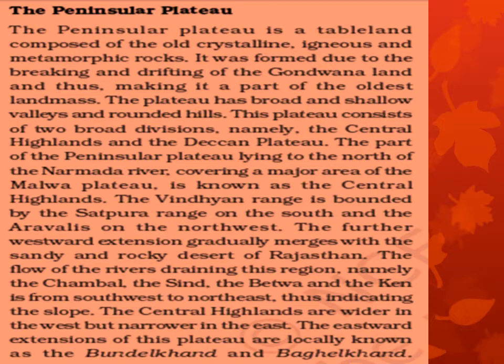So, they indicate the slope. Now, the Central Highlands are wider in the west, but they are narrower in the east. And the eastward extensions of this plateau are locally known as the Bundelkhand and Baghelkhand.